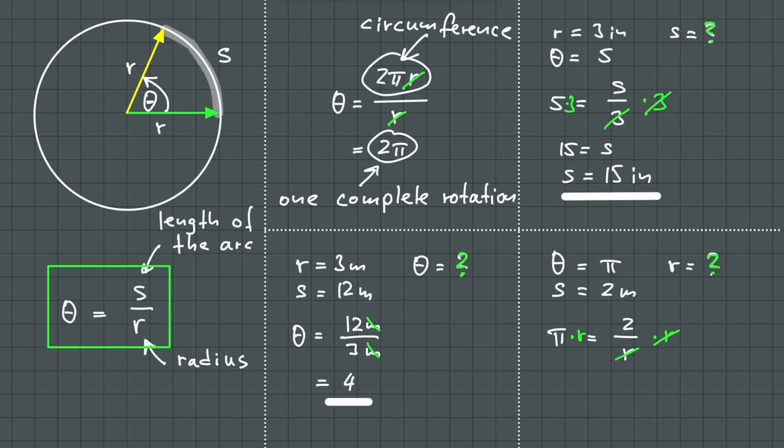So we get pi times R equals 2. And after dividing by pi, we get approximately 0.64. So the radius is 64 centimeters. And we're done with this problem.